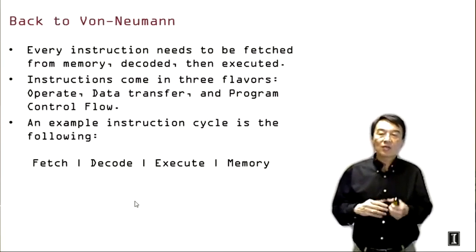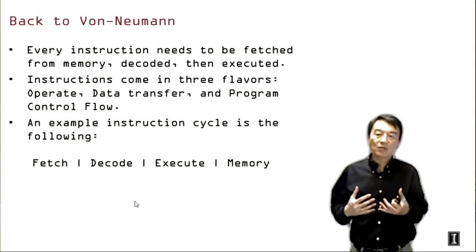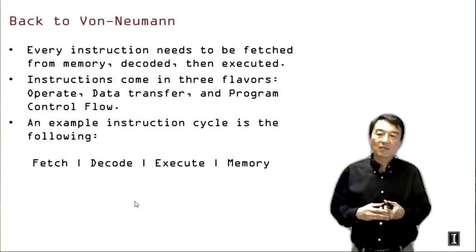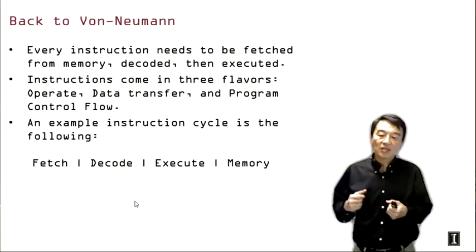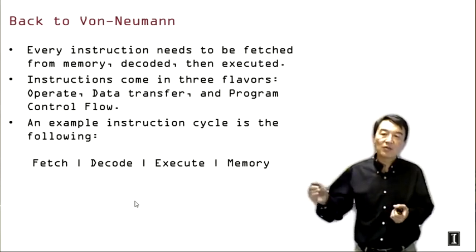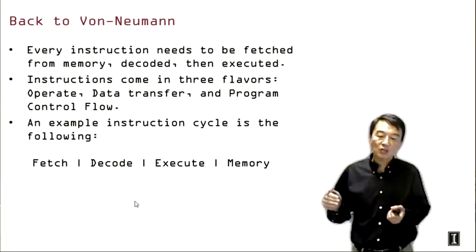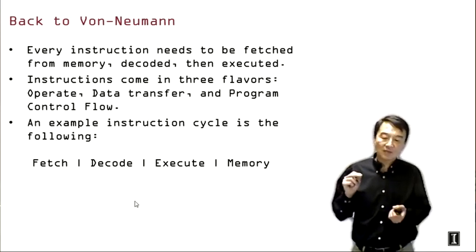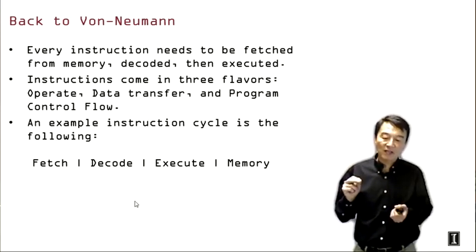In order to understand the nature of control flow, we need to go back a little bit to the von Neumann processor model. Remember, we were fetching instructions from the memory, and every instruction needs to be fetched, then executed. Instructions come in three flavors.